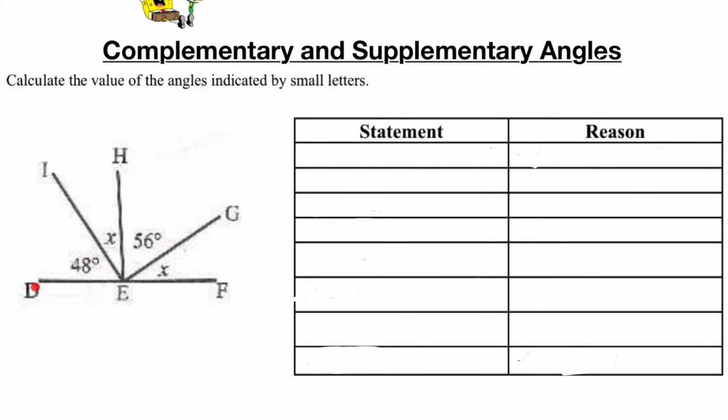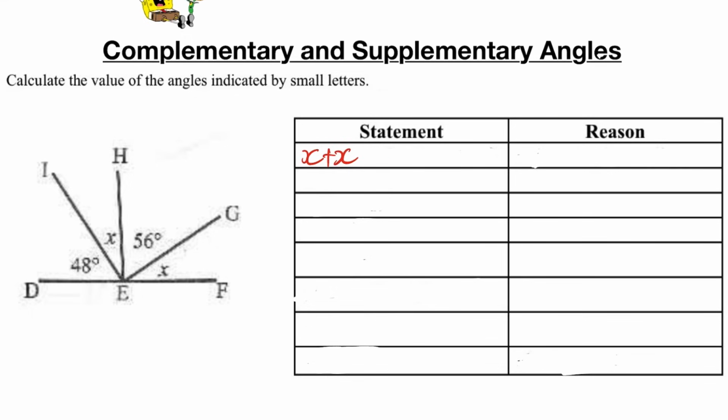So now, since you have this straight line DEF, all these angles here add up to 180. We can just add them. So don't make a mistake and think this is 90 while you're not given a box. It's not 90. So what are you going to do there? You're going to say x plus x.